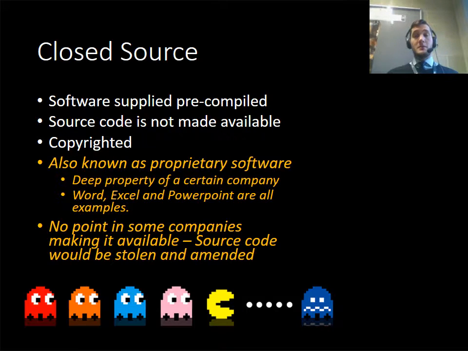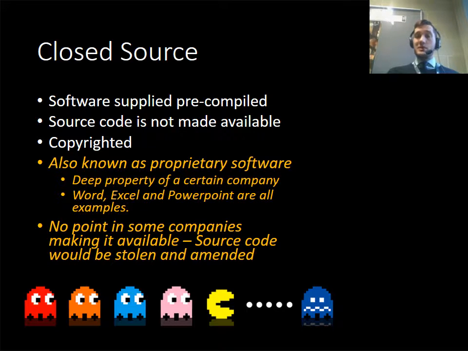Closed source software is software such as Microsoft Word, PowerPoint, Excel, Adobe, software that you generally pay for, and it comes pre-compiled, so you don't get to see any of the source code hidden underneath it, and it's not made available for you to see, and it is copyrighted.